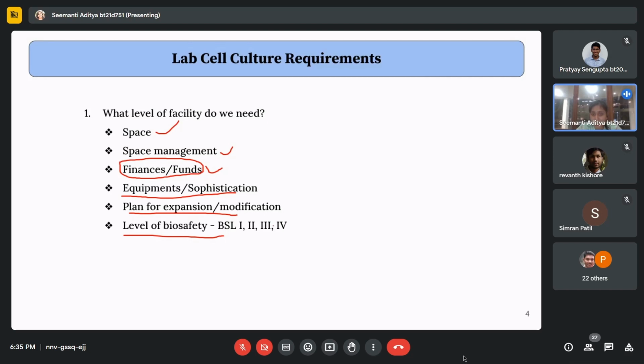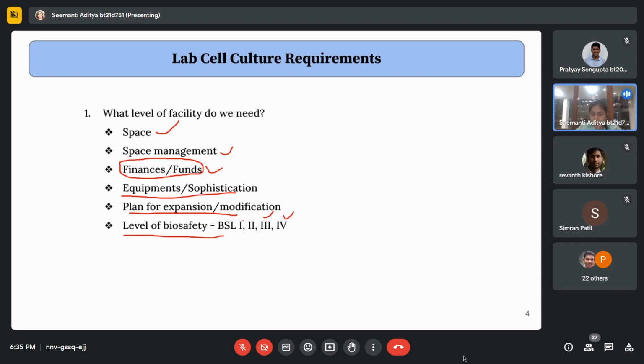BSL 4 or BSL 3 facilities are required for these. BSL 3 is required for mycobacterium bacteria. These kinds of facilities are not available everywhere, and special permission is required if we have these higher advanced levels of facilities.